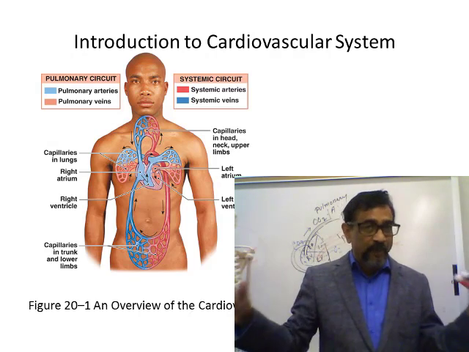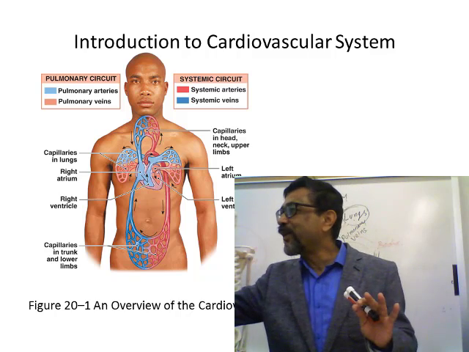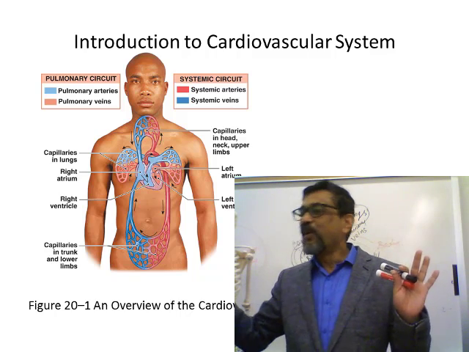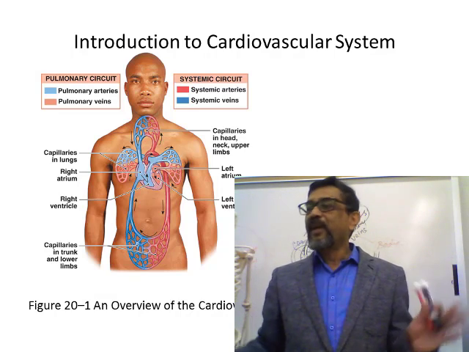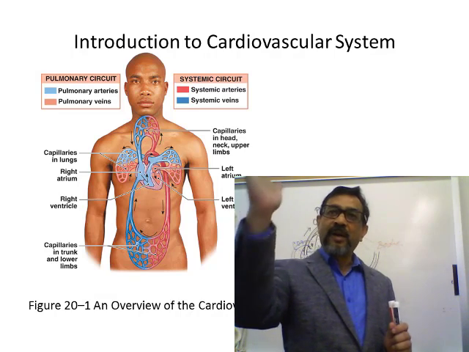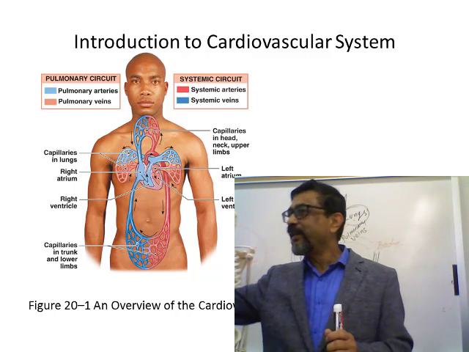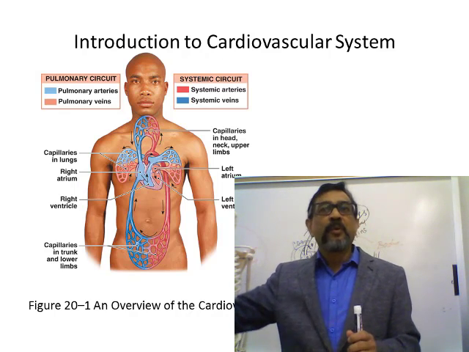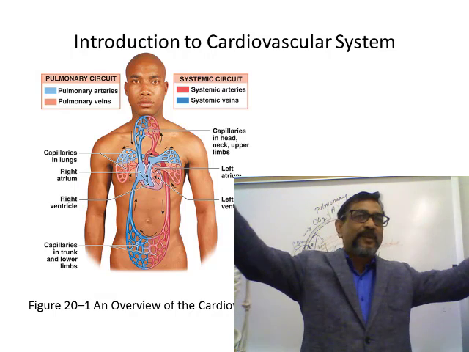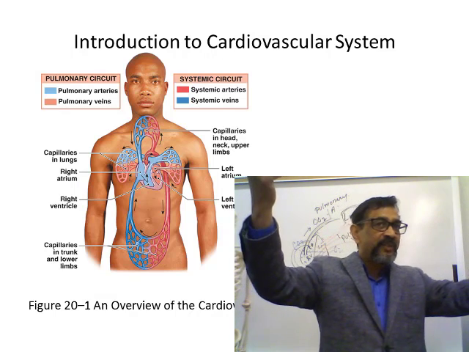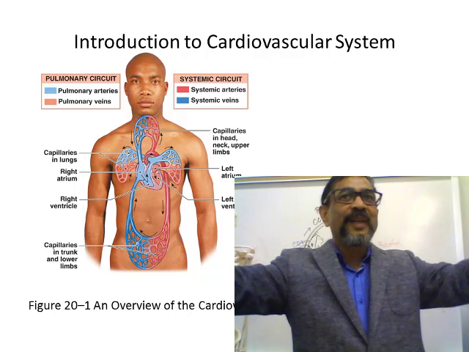Structure of the heart. The covering of the heart is called pericardium. Peri means around, cardium is heart. So around the heart, the connective tissue covering, that is called the pericardium. That is a protection.